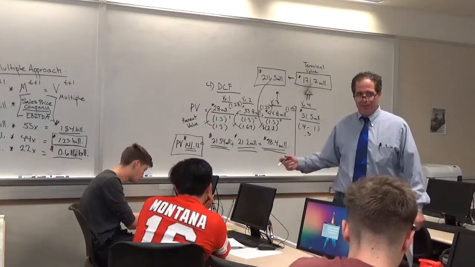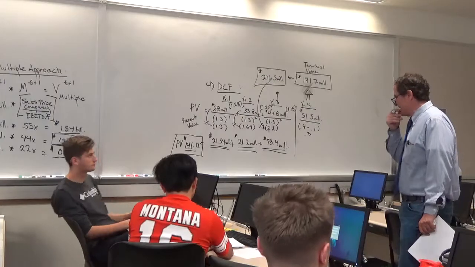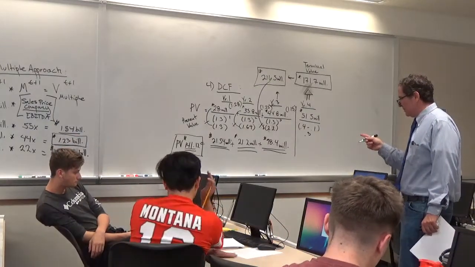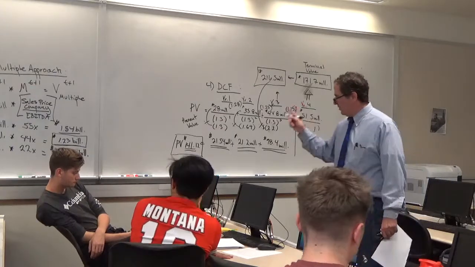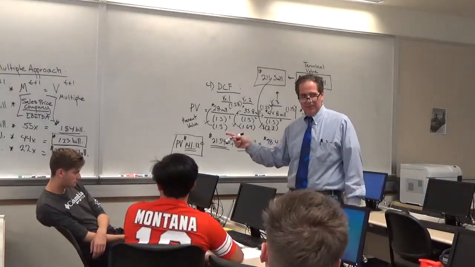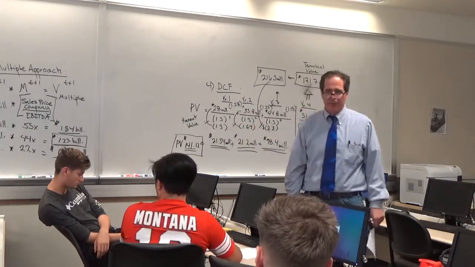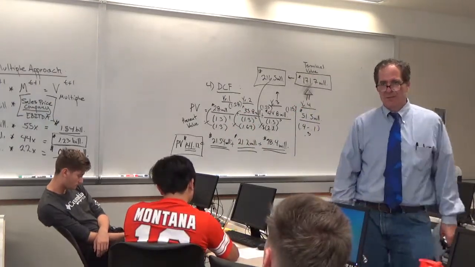So let's take a look at this. I got 141.12. I got 1.23 billion. I got 186.7 million, and I got 93.3 million. I got 141.14.